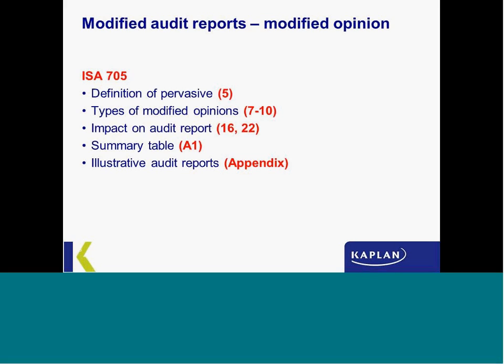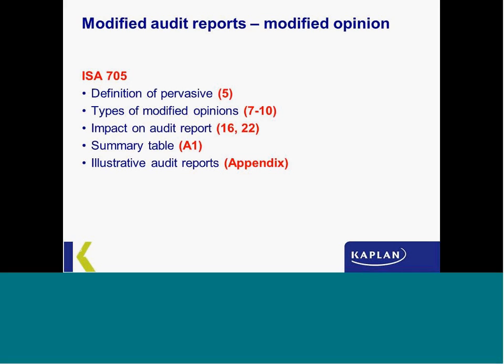Finally, the appendix also contains illustrative audit reports, which show you what an audit report would look like if you were to include these modifications. In the exam, most of the time they ask you to describe the modification being given and whether or not it's a modified report, whether or not it's a modified opinion.